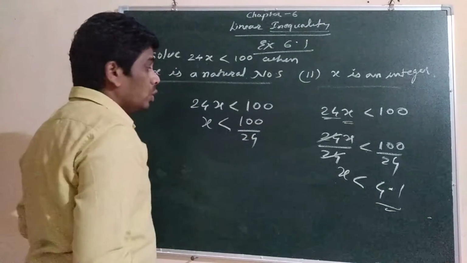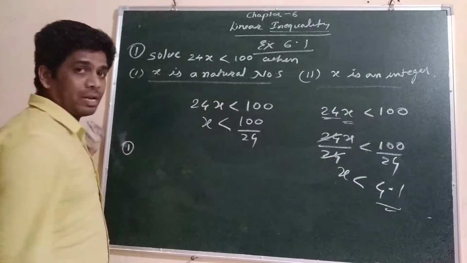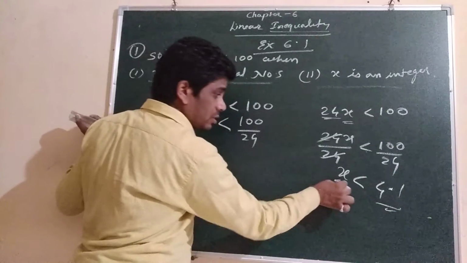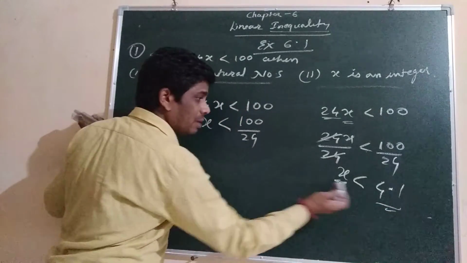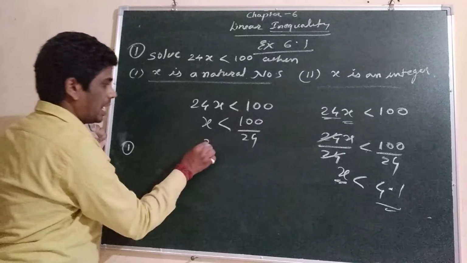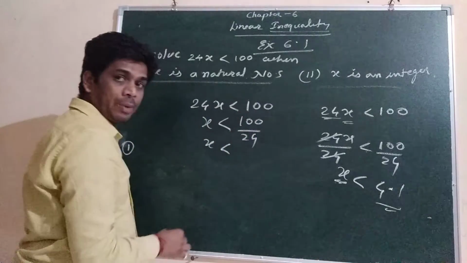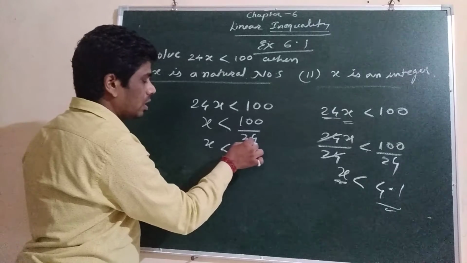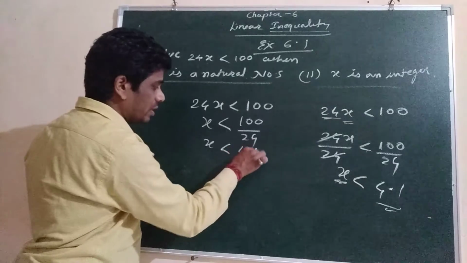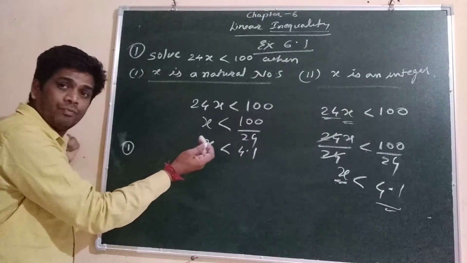Now first, x is a natural number which is less than 4.1.